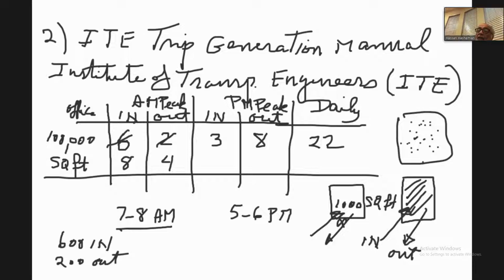Although now they have the book on CD, you can buy the CD and just get all the trip generation rates on one CD. Okay, so that's the second method that we use for trip generation. I encourage you to look at the video that I put in and watch that trip generation discussion on that video. So they talk about this.